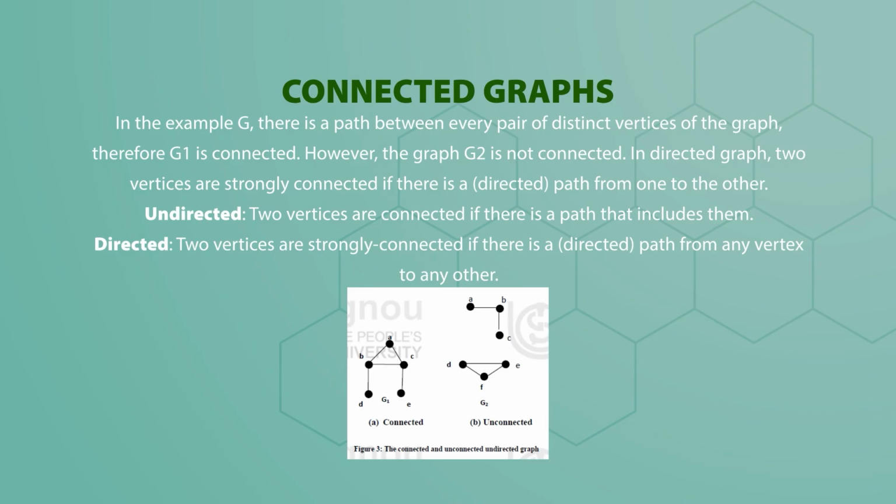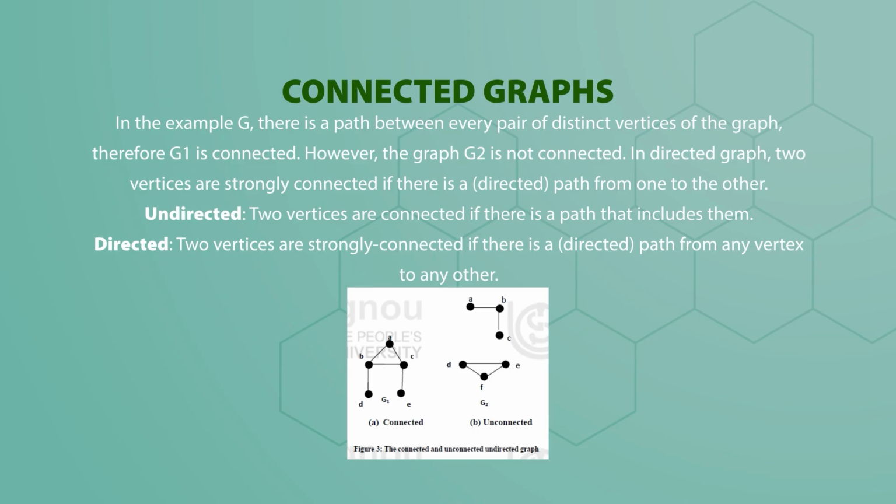In example A here, there is another graph that is unconnected, where there is no connection. In example B, the simple graph of ABC that is given is a connected graph.